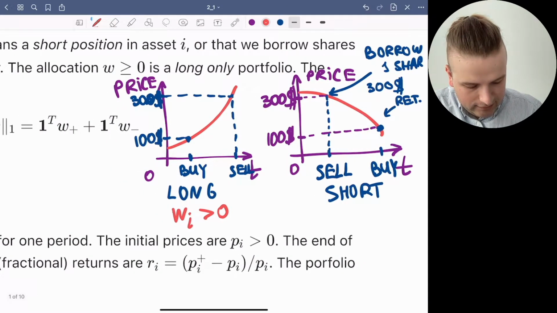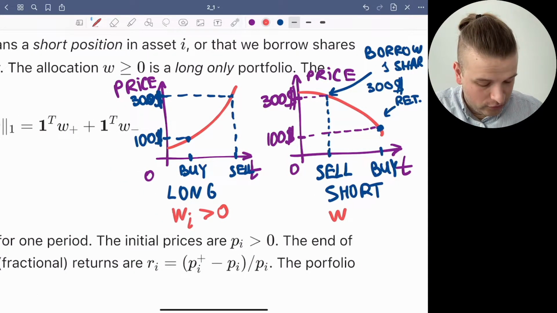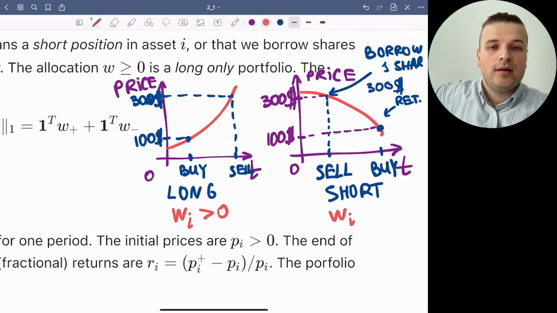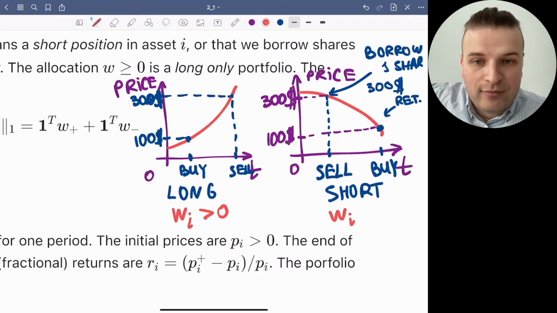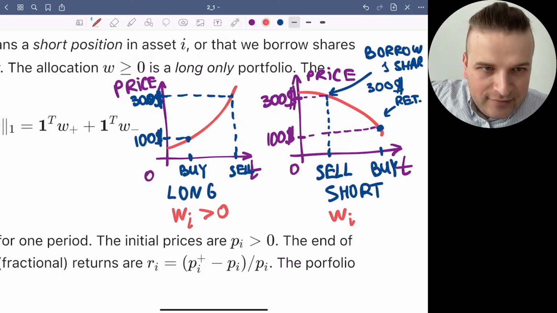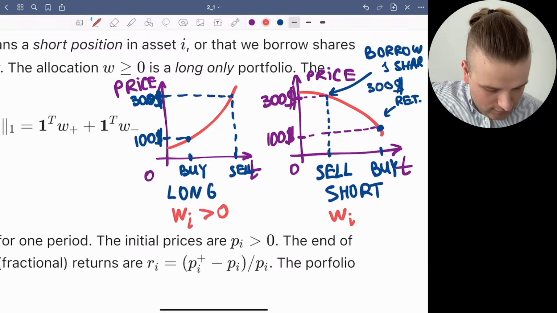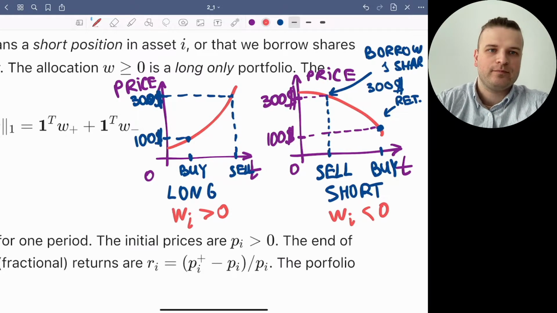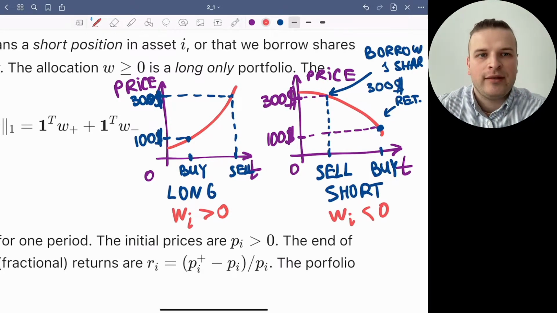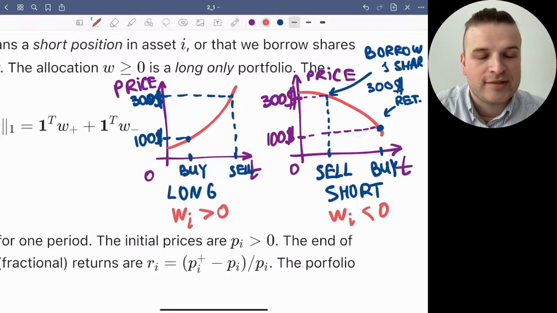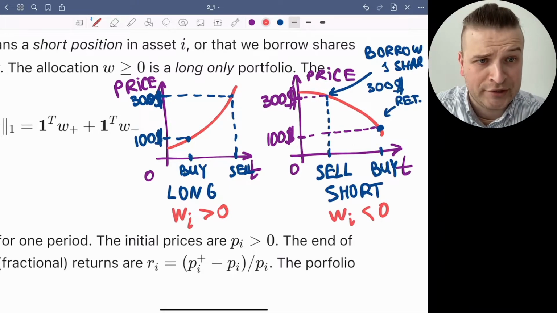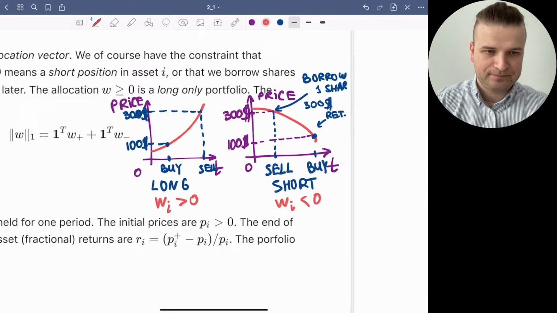But here, when we have a short position, we actually have to return this share, which means that we own a negative amount of shares, right? Because when you owe someone $100, it's pretty much the same as having minus $100 on your balance, right?